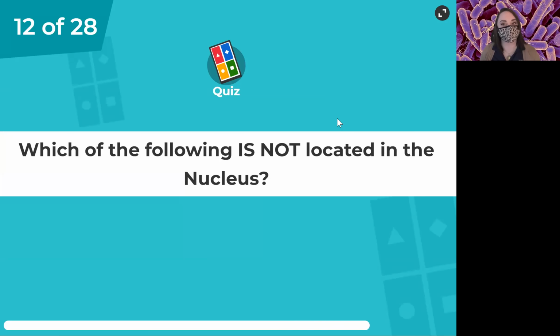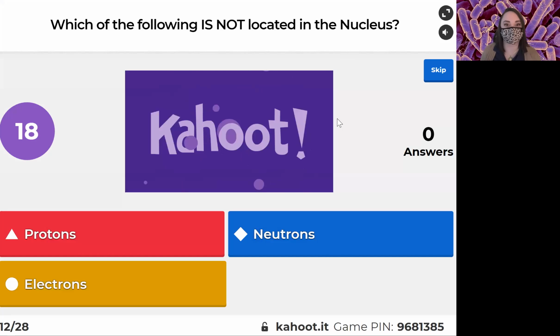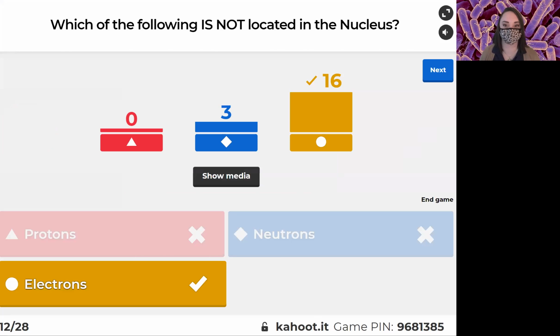Which of the following is not located in the nucleus? Good. Electrons, right? They orbit around the nucleus.